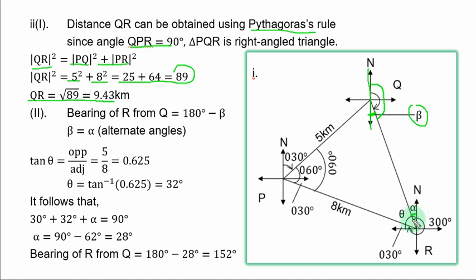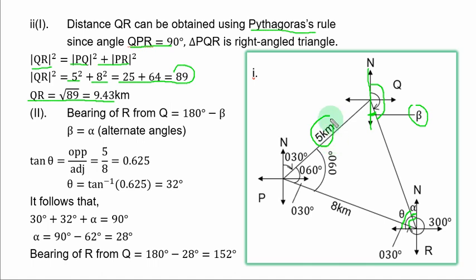This whole quadrant is 90 degrees. Now here is already 30. Once we get theta, you add theta to 30, subtract the result from 90, and you get alpha, which is equal to beta. So let's get theta first. Since the triangle is a right angle triangle, you can use trigonometry ratio.